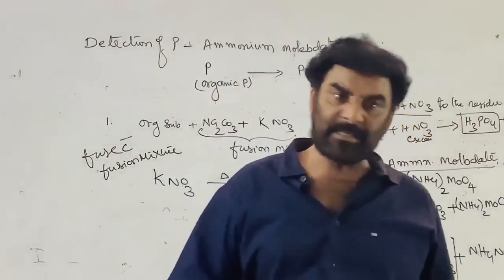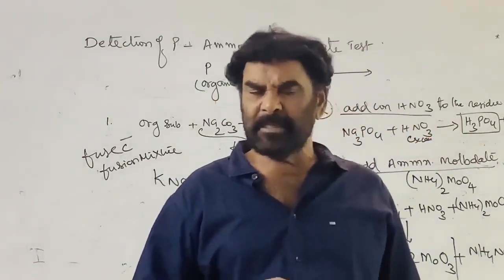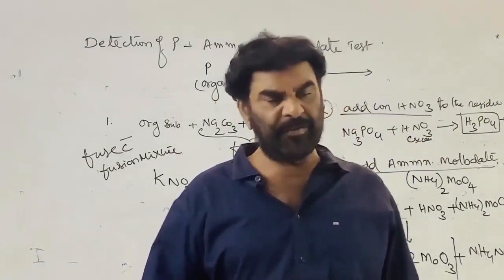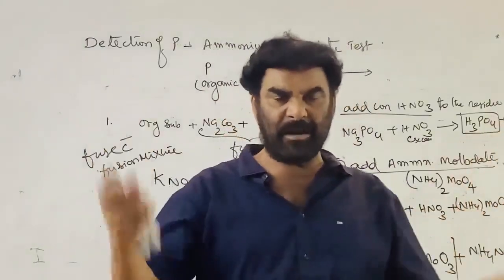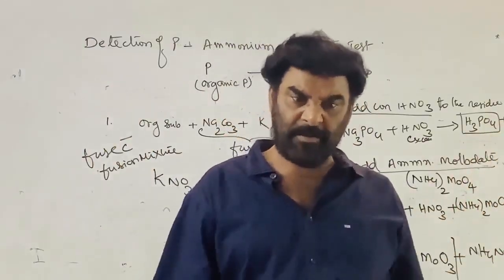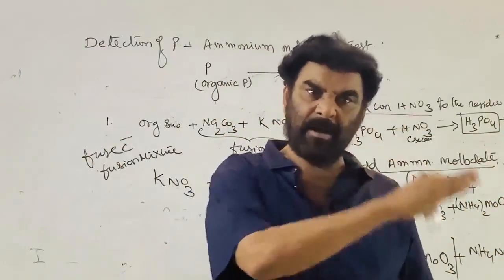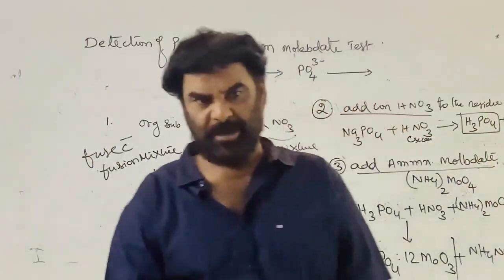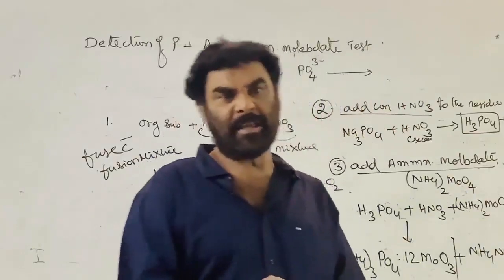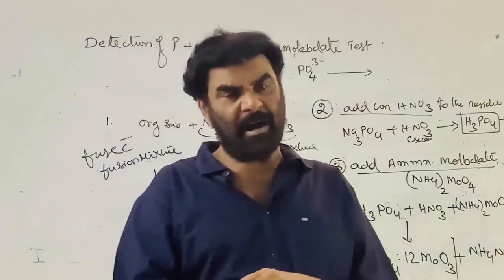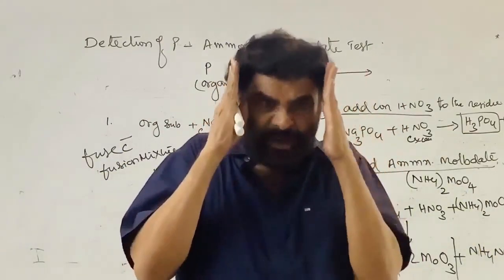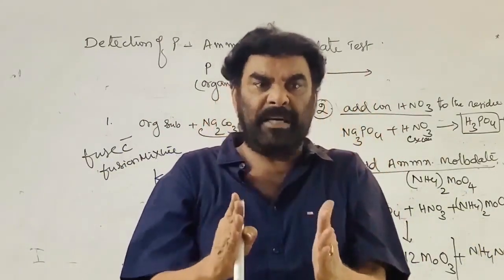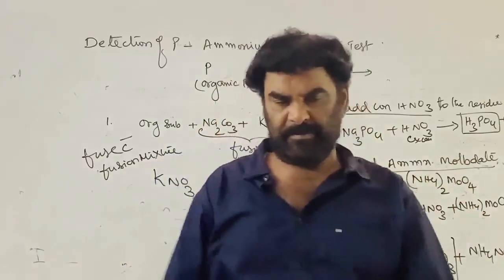The leftover one is oxygen. There is no direct identification test for oxygen, because oxygen is present everywhere. There is no sharp color reaction for the identification of oxygen. There is no direct test for the identification of oxygen in the organic compound.